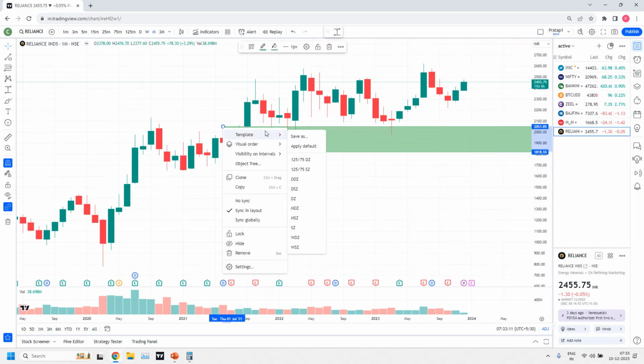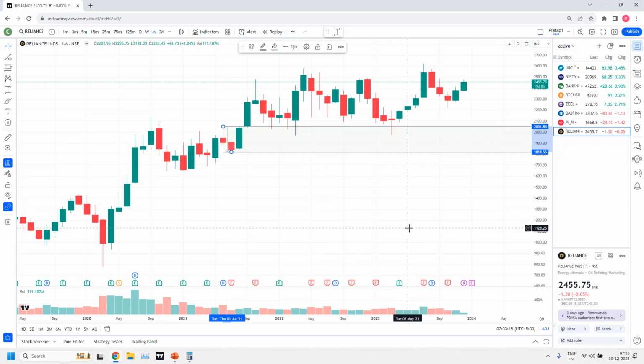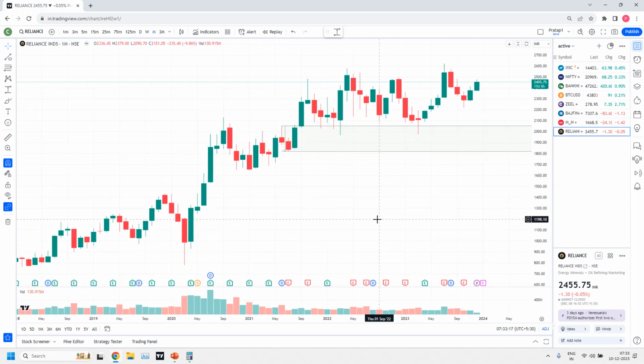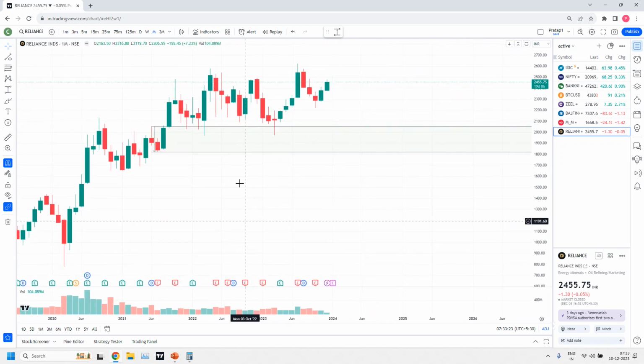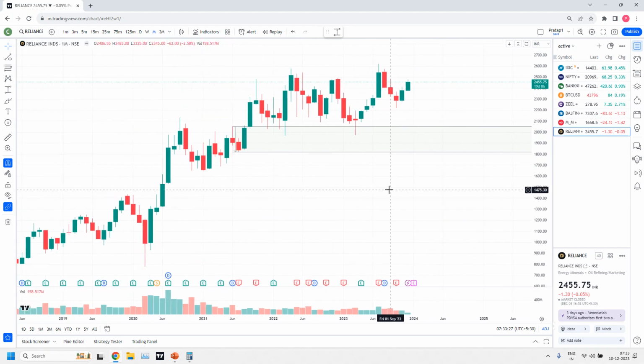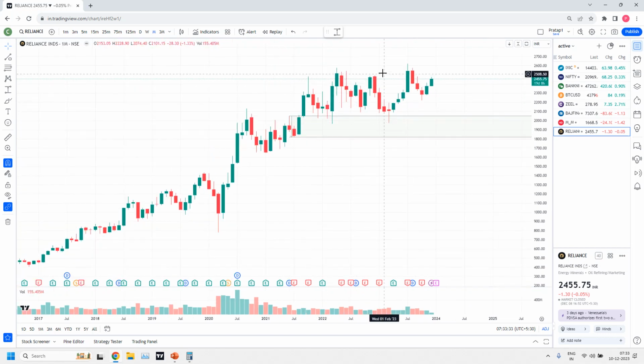Which demand zone? This is a monthly demand zone. Let me change the color. It has a monthly demand zone, but it does not have a valid monthly supply zone. When it does not have a supply zone, how do you identify the buyer's location, seller's location and equilibrium without it? Why does it not have a supply zone?